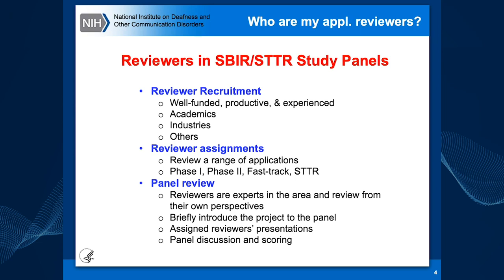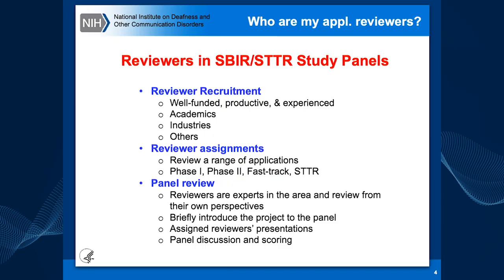Each application is assigned a minimum of 3 reviewers, and each reviewer typically reviews multiple applications with different topics and types, such as phase 1, phase 2, or STTR. Each assigned reviewer provides a preliminary impact score and written critiques from their perspective.